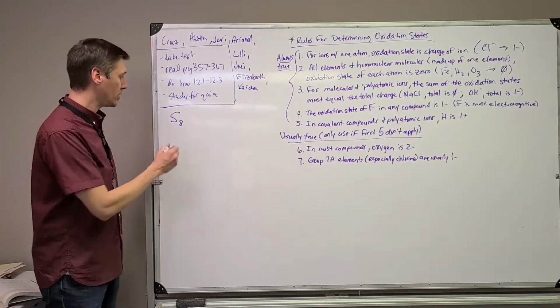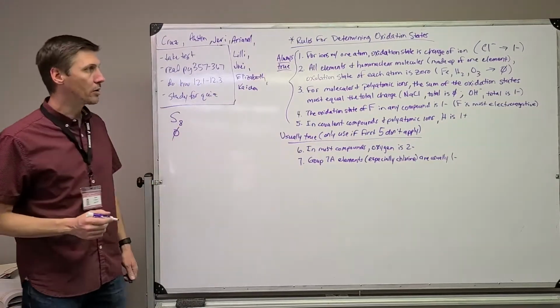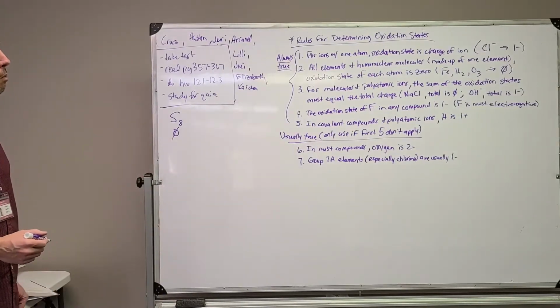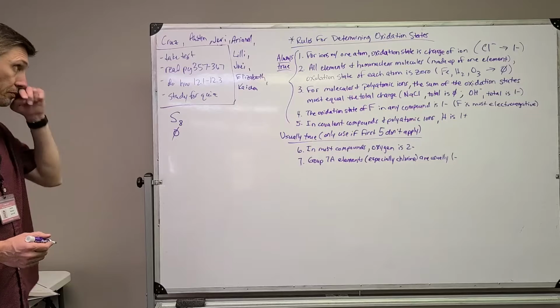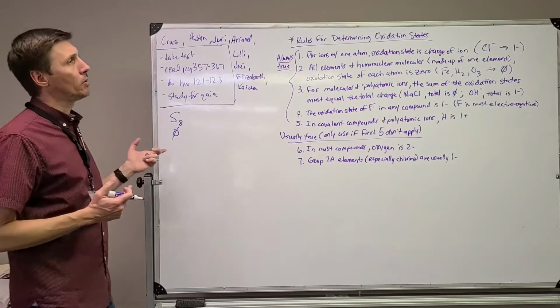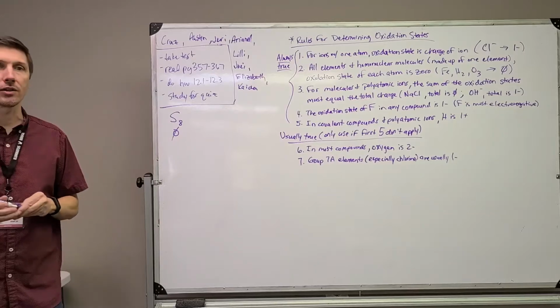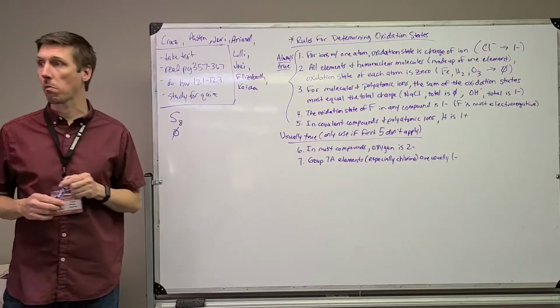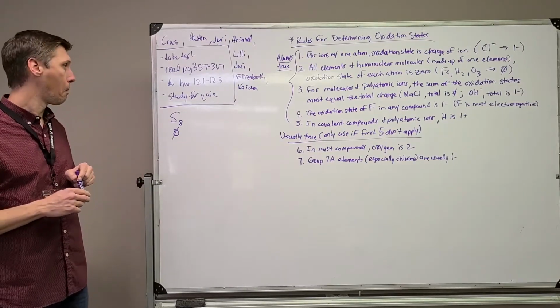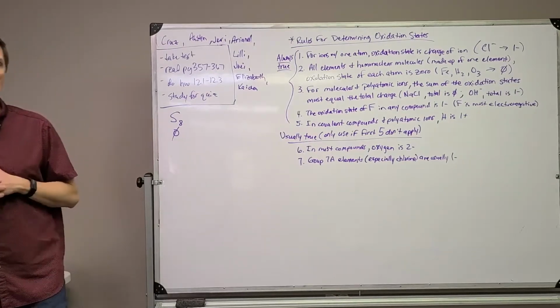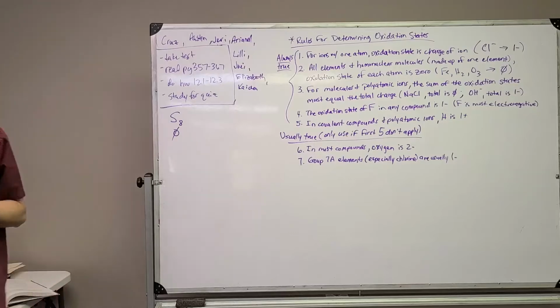And so the oxidation state for any homonuclear molecule is always 0. Now, when we're writing down these oxidation states, we're writing down the oxidation state for a single atom. So the oxidation state for a single sulfur atom in this molecule is 0. Okay?